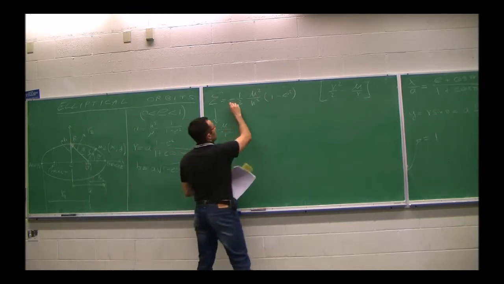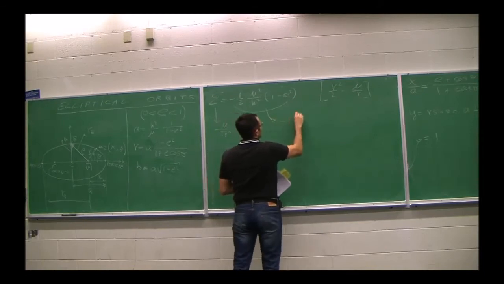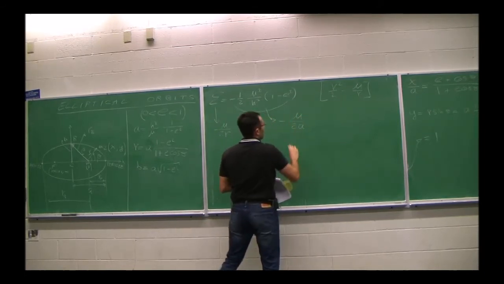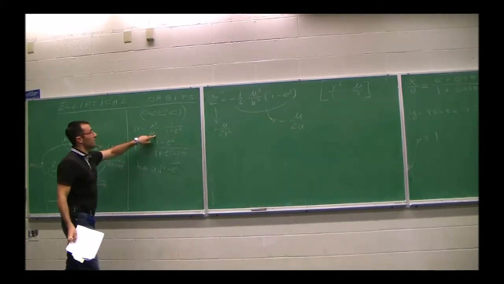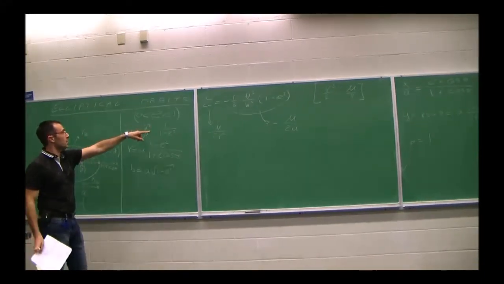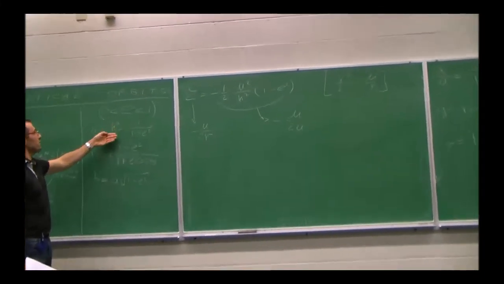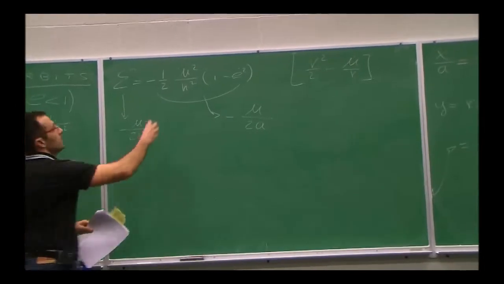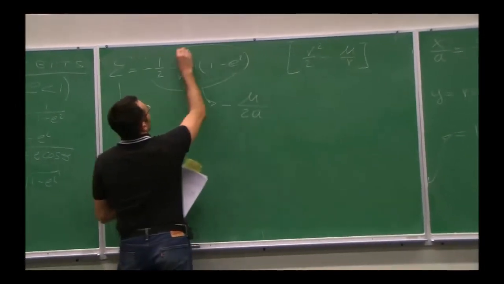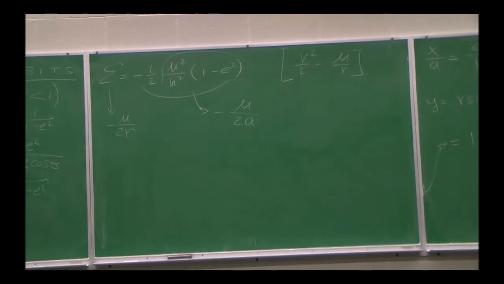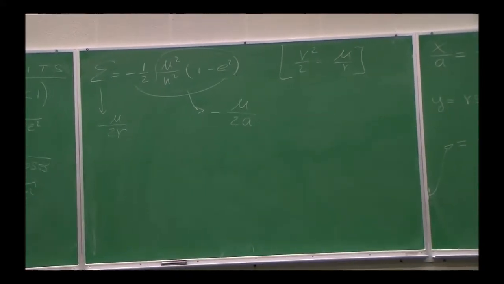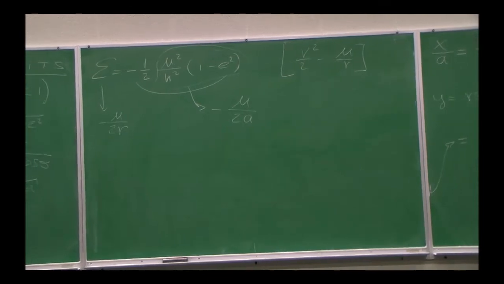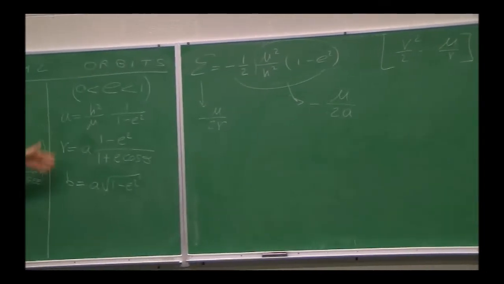So this is equivalent to minus mu over 2a. Just look at the expression for a, other than the mu that I had to add on top. If you just invert a, you get this part, right? So other than the mu over 2 that I have to keep, that is 1 over a. These are extremely useful. These parameters that I'm computing here are not just for fun.